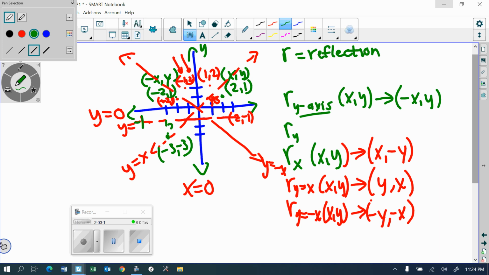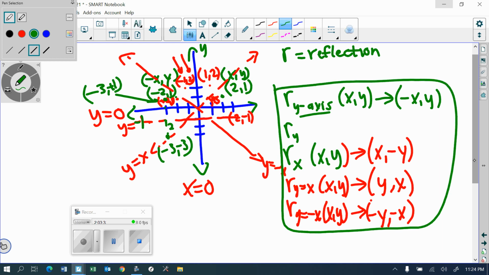That distance is 2, so I must go up 2. Right there. So it becomes negative 3, positive 1. Okay, so there is no rule when it's over other lines than these major 4 right here.